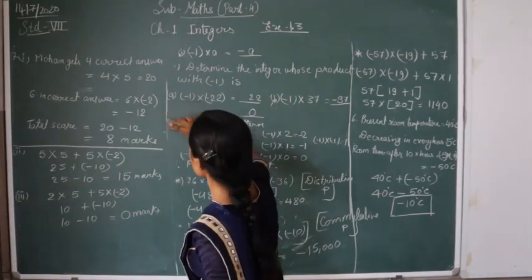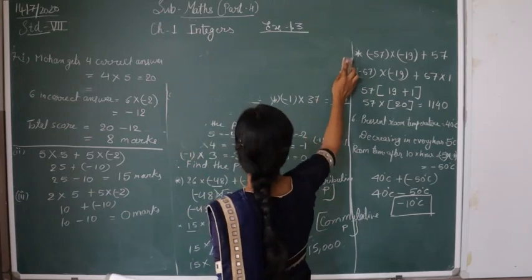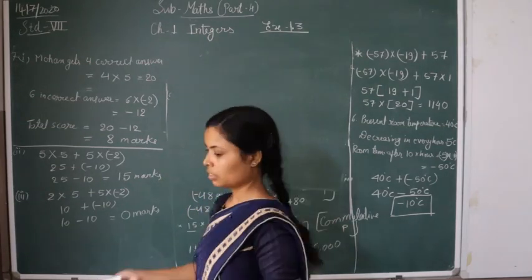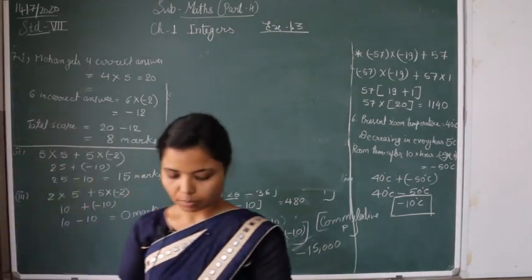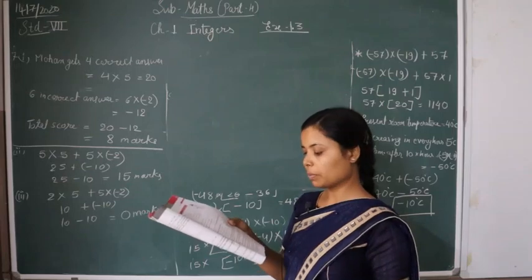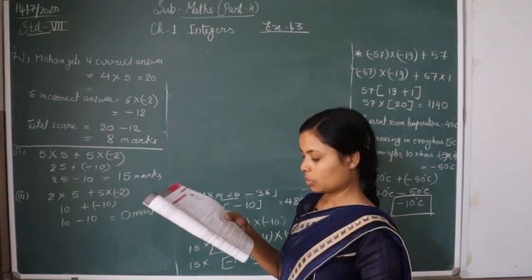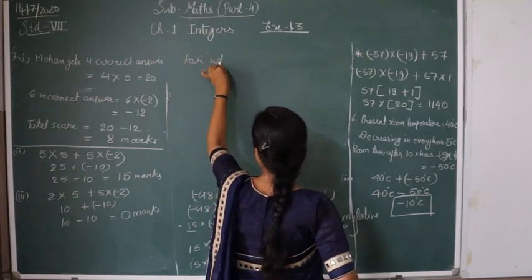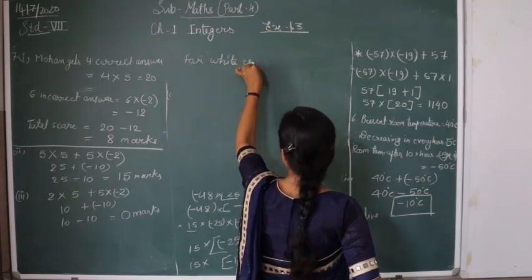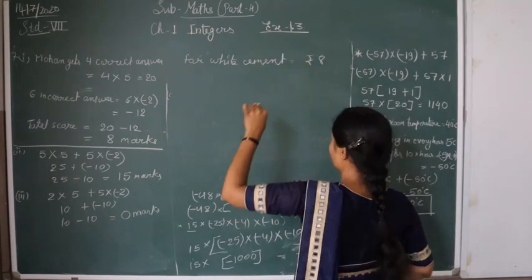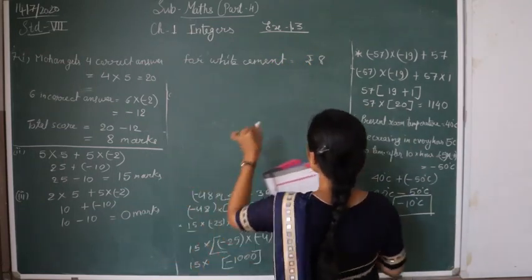Now we will move to the last question. And the last question is, a cement company earns a profit of rupees 8 per bag of white cement. For white cement, rupees 8 per bag.